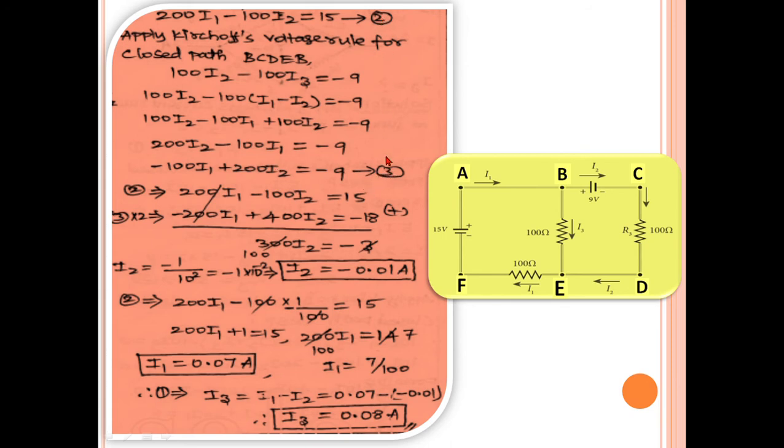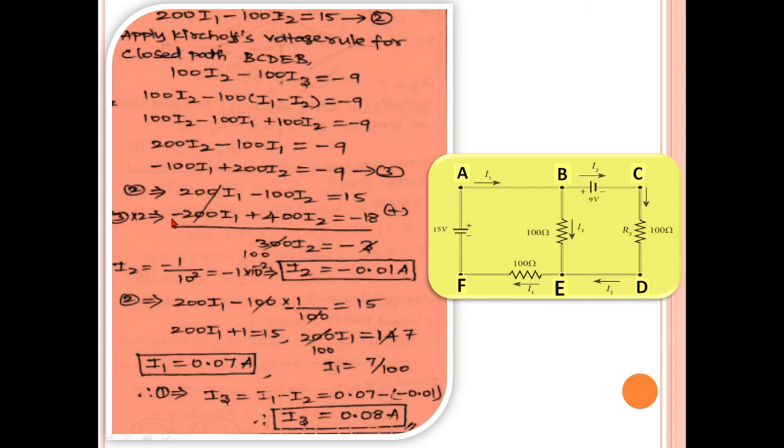Now equations 2 and 3: to cancel the I1 terms, multiply equation 3 by 2. Equation 2 is 200 I1 minus 100 I2 is equal to 15.